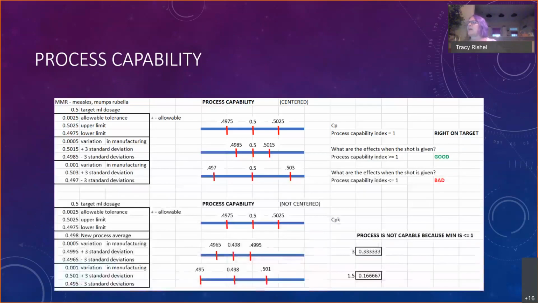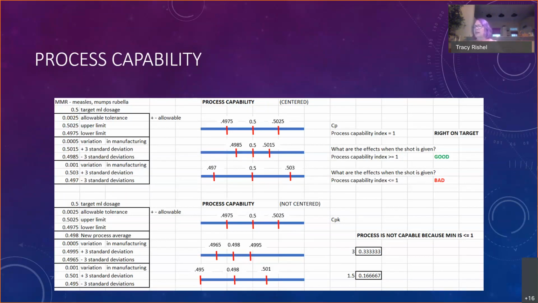Now, process capability can be a little confusing, and I know we've met our 7:30 time limit, but I wanted to say one thing about process capability, and then I'll open it for questions. Process capability, you're just looking at whether the process you are using meets the acceptable tolerances. So I had used this example before. Let's say that we produce the vaccine for measles, mumps, rubella, and the target milliliter dosage is 0.5.